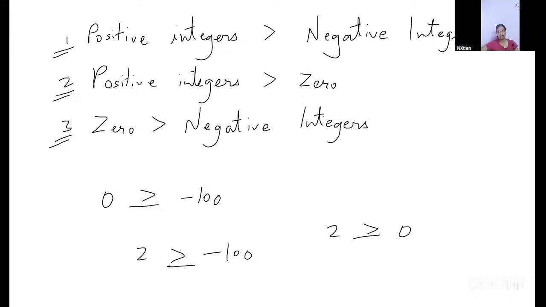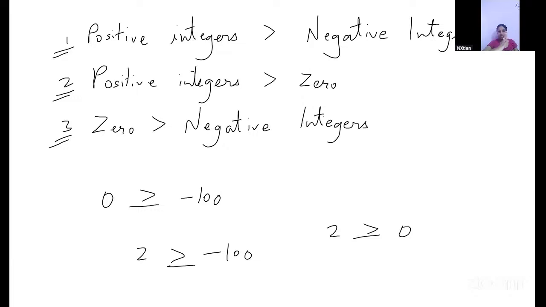Because positive integers increase. When we go from 1 to 2 to 3, they keep having more value. But if you go back on the number line, from 4 to 3, the value decreased. 3 to 2, again it's smaller. 2 to 1, again it's smaller.